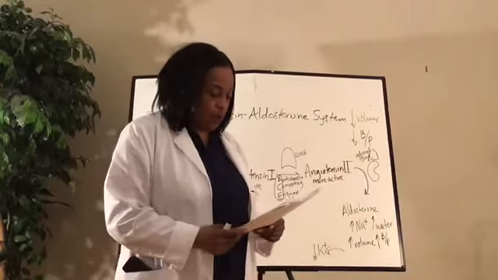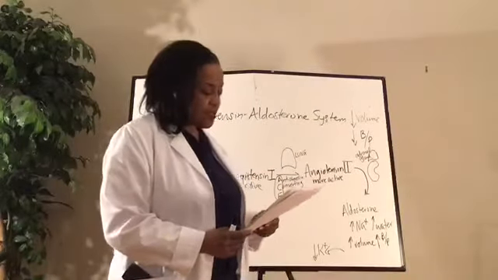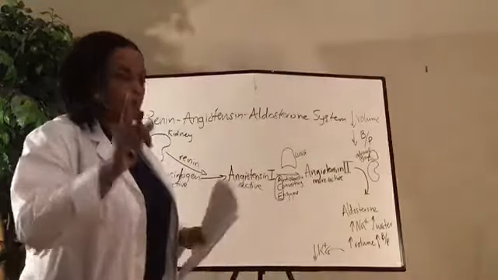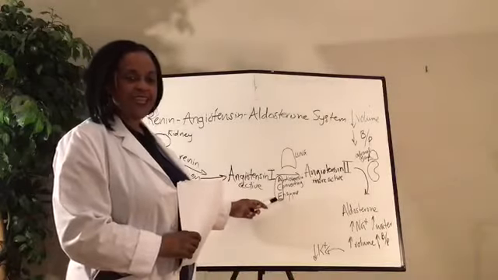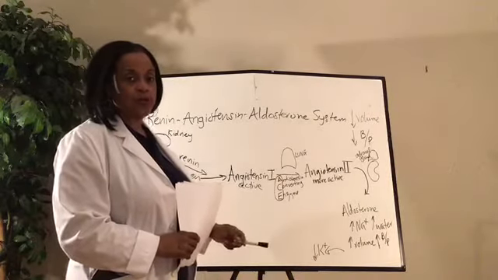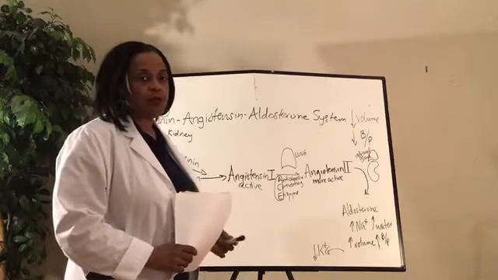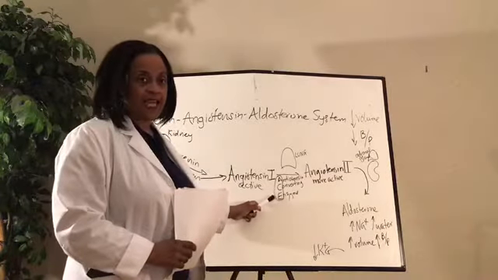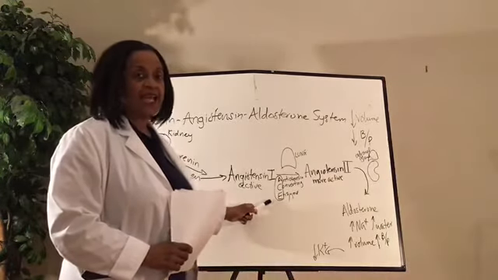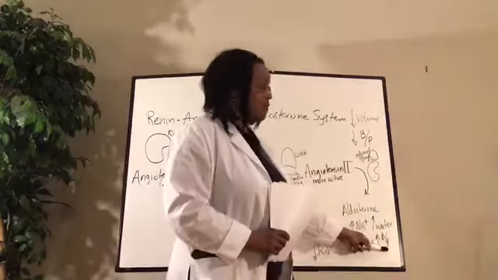There's another point I want to make here, is that this is going to be opposite. You know this ACE here? They have ACE inhibitors. When this is for a person that has high blood pressure, that will stop this lung from releasing ACE, inhibit ACE, so you do not go on to get a higher blood pressure.